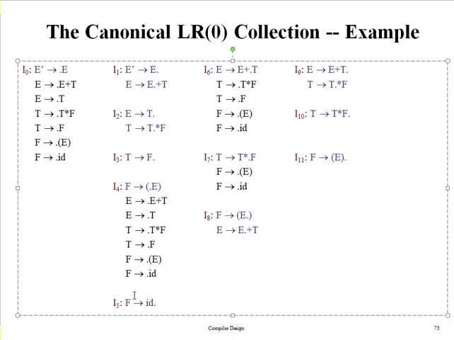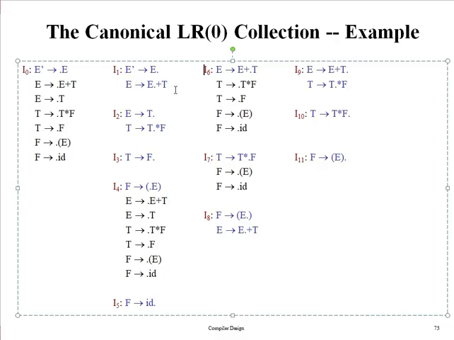Then I5 can be derived from I0 by applying goto of I0 comma ID, because we have ID after the dot. Now we have finished generating items from I0.